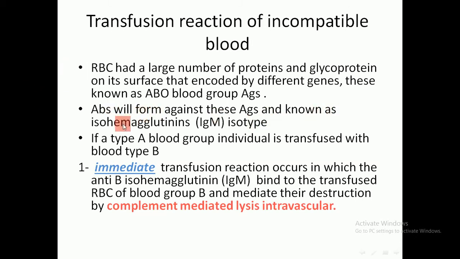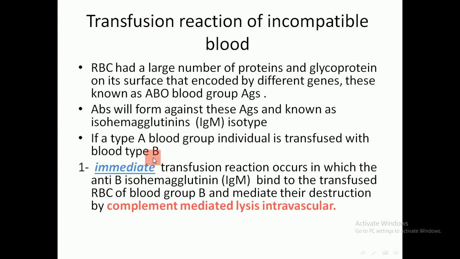And the antibodies that form against these antigens are known as isohemagglutinin, which is the characteristic of the isotype IgM, as you know previously, the IgM has a characteristic for hemagglutination.